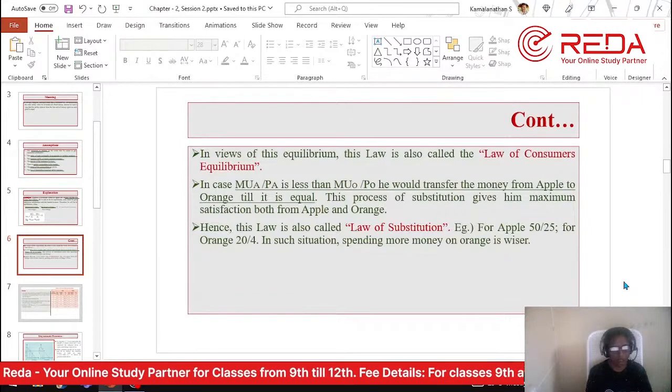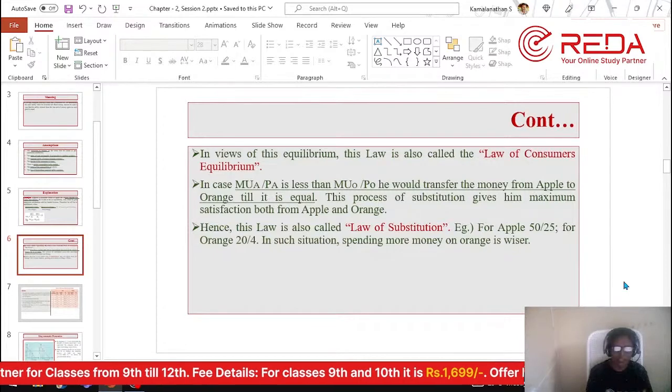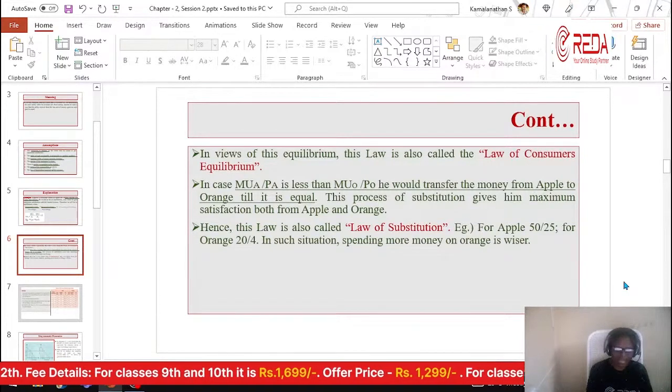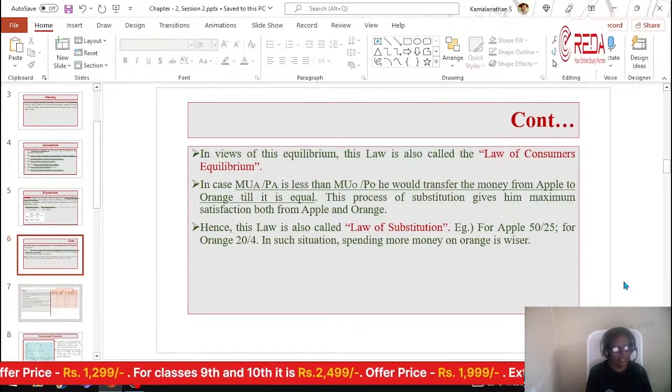This is the concept of the law of equimarginal utility. That's why this law is also called what? Law of substitution. We are adjusting the money to get the substitute commodity orange to equalize the utility level.